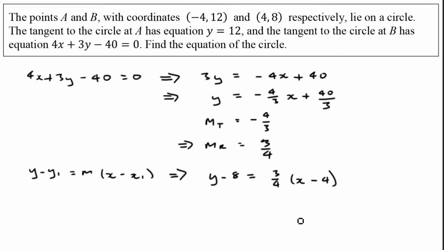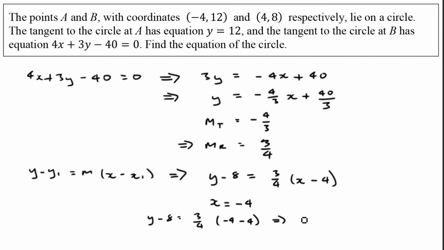Now, why did we want this equation? We wanted to know where it intersected with the other radial line, which we know has the equation x is negative 4. So if we substitute x equals negative 4 into this equation, we will get y subtract 8 is 3/4 of (negative 4 subtract 4).